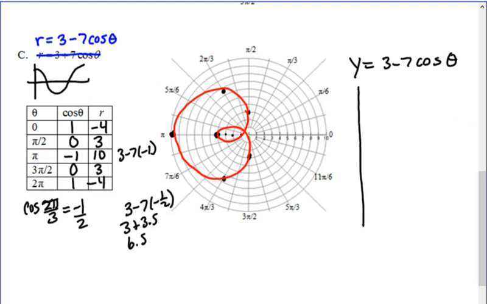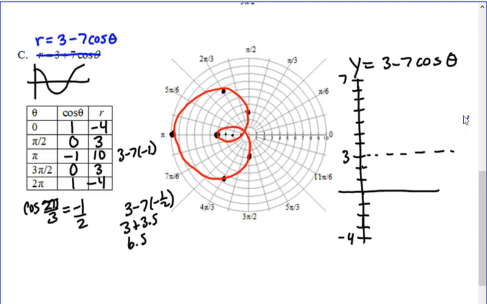Okay, so the sinusoidal axis is 3. 1, 2, 3. Amplitude is 7. 1, 2, 3, 4, 5, 6, 7. So it's going to go down to negative 4, 3 in the middle, and up to 10. 3 plus 7 is 10.